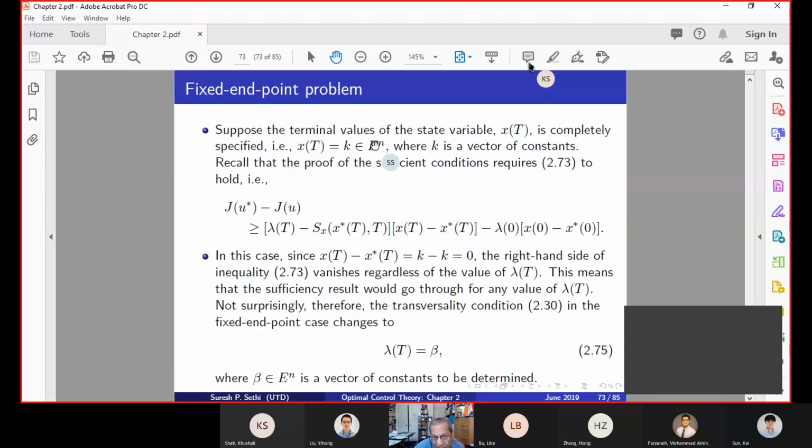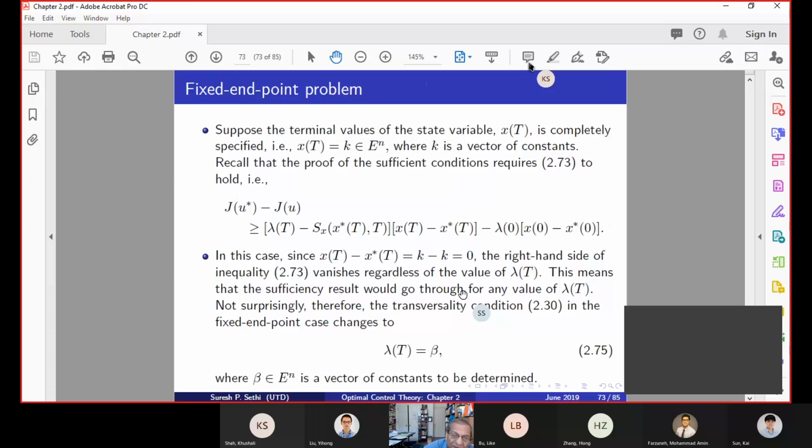So here x(T) equals k, and then you have this, but this is 0. So lambda T is beta, which is a vector of constants to be determined. If n equals 1, single dimensional, then beta is a number to be determined.